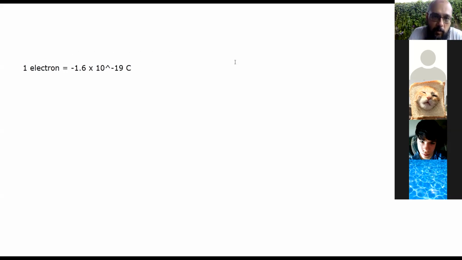The other thing that I want you to remember is that when you have an electric field, which direction does the electric field go in? Does it go from positive to negative or negative to positive?